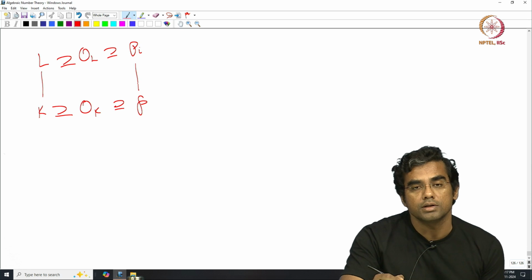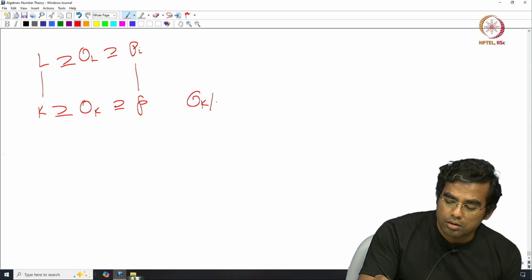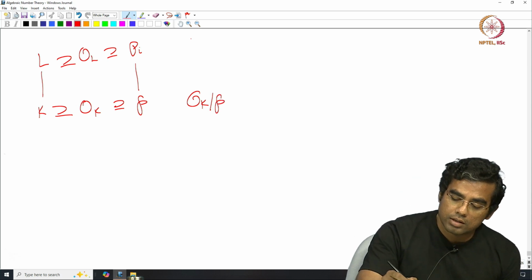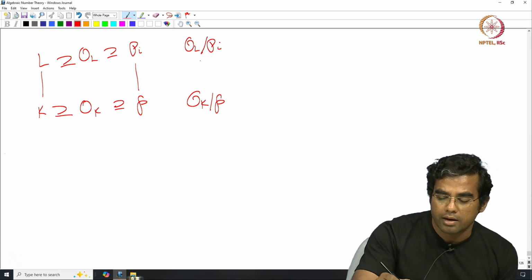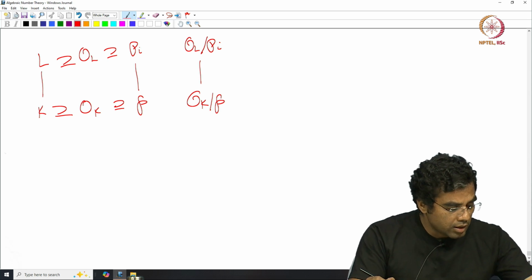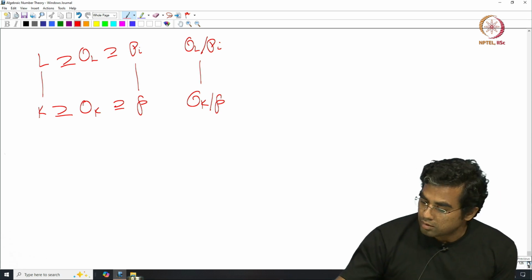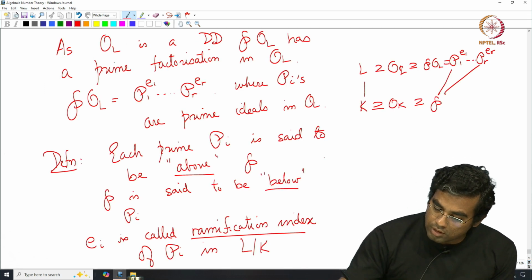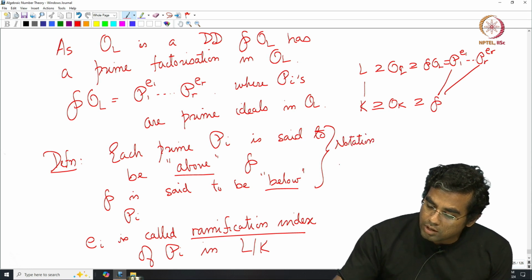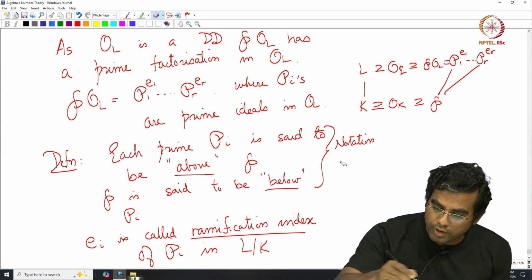So, this is above this, and what I can do is I can look at O_K mod P, okay, and then I look at O_L mod P_i. So, the notation is P divides each P_i.